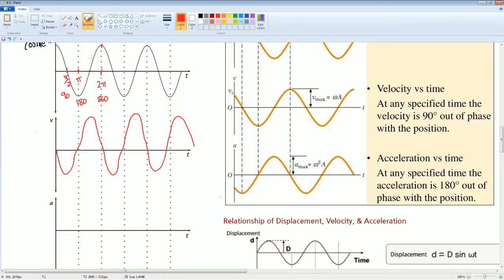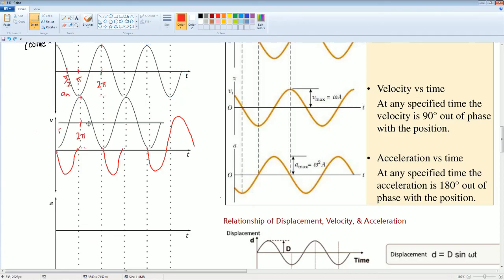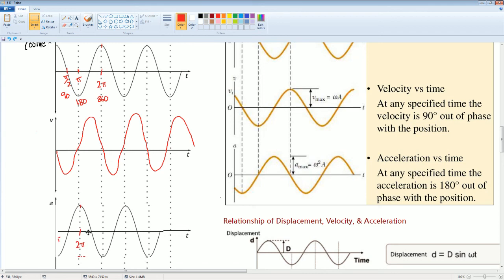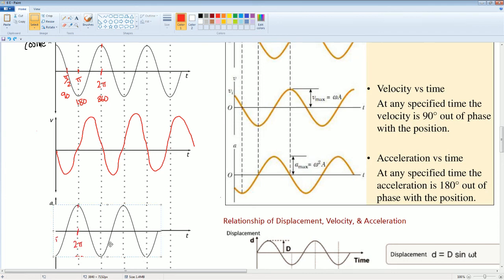Here, to get acceleration, we do a 180 degree shift. So it's like this. It's exactly like this. Let me graph this copy. Let me show you. It should look something like that. That makes sense?